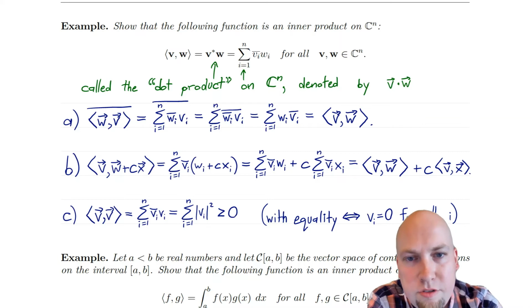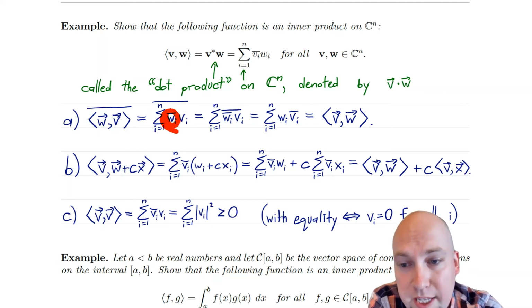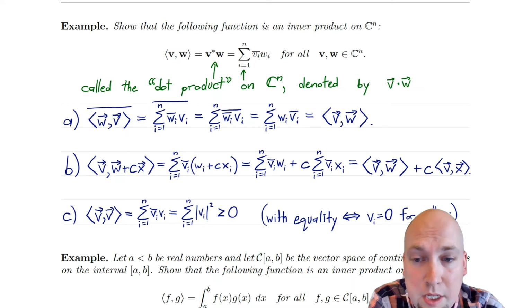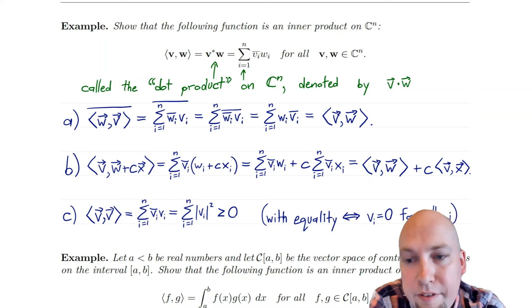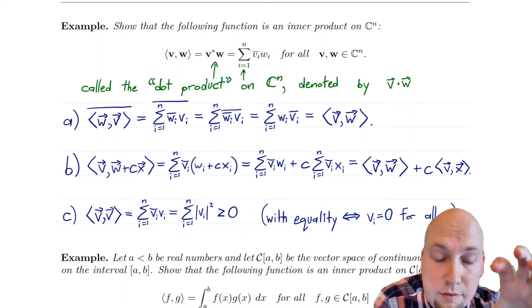So let's just check using this formula for the inner product. The inner product of w with v is just the sum of the w_i's with a complex conjugate over them because they're the first vector in the inner product, times the v_i's, and then you add them up, and there's this complex conjugate just over top of everything. And if you have a complex conjugate over a sum, you can just put that complex conjugate over top of every entry in the sum.